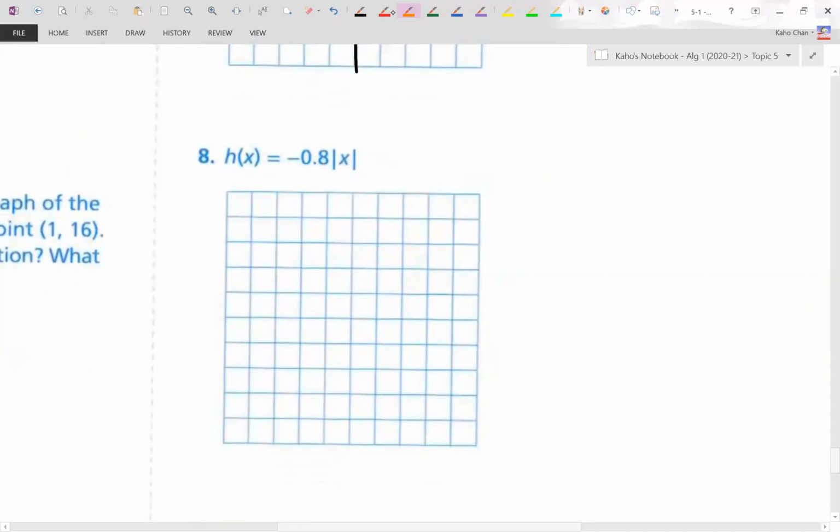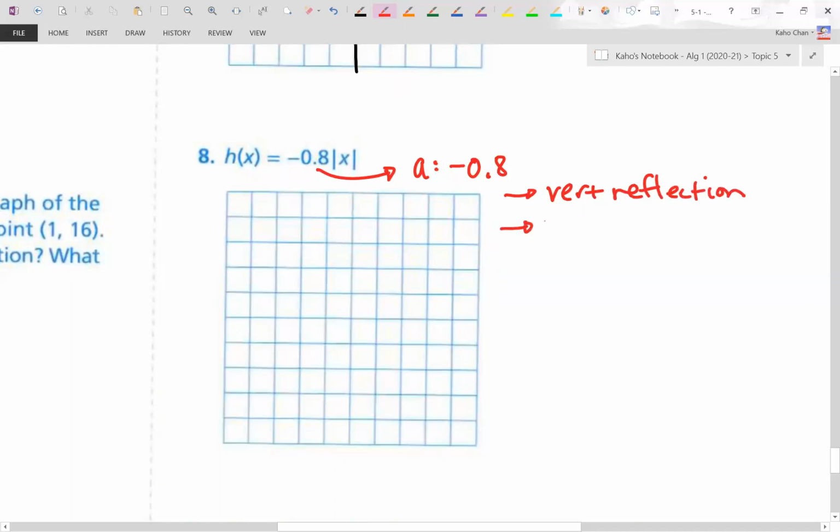Our multiplier A is negative 0.8. We know from before, negative is a vertical reflection because you're affecting the y value. And this is a vertical. Now be careful with the 0.8. 0.8 is less than 1. 0.8 is a shrink.